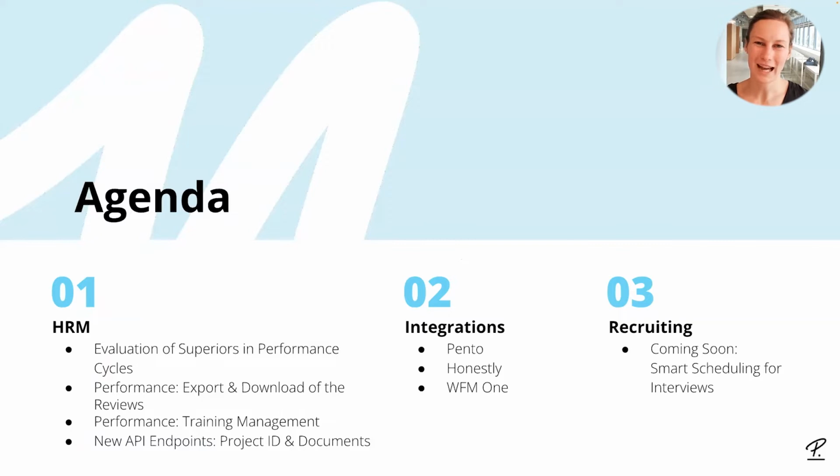And also we have a look at the new training management within performance. This is a completely new functionality that hasn't existed yet and was launched in March. And the last point in the HRM part is regarding the API endpoints. I will also give you a quick overview of functionalities and in which areas you can use that.